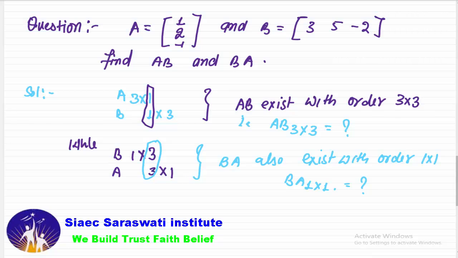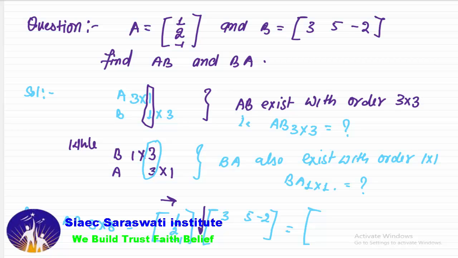So for AB, that is 3 by 3, it will be 1, 2, -1 multiplied with 3, 5, -2. As you know, this will decide the row and this will decide the column.